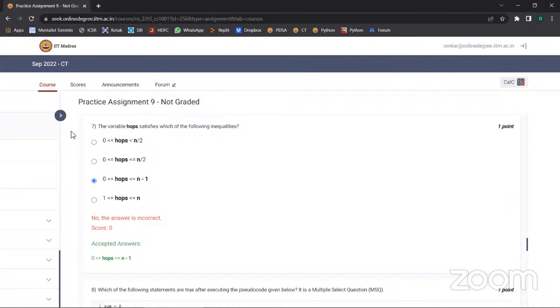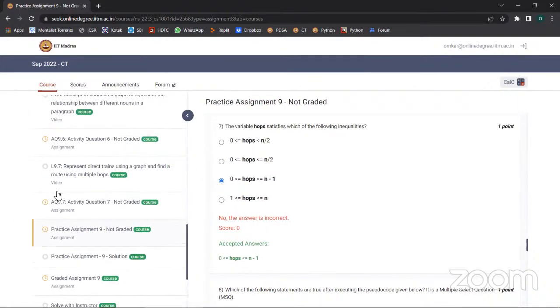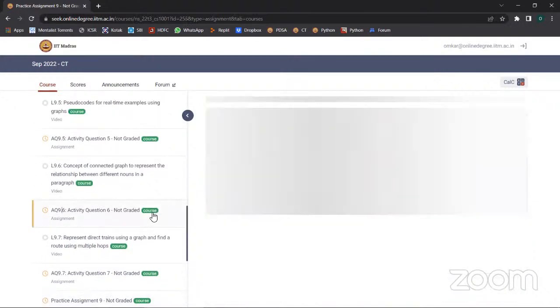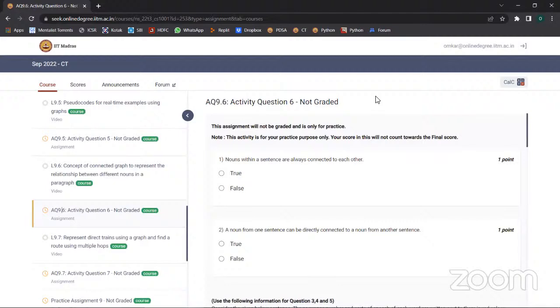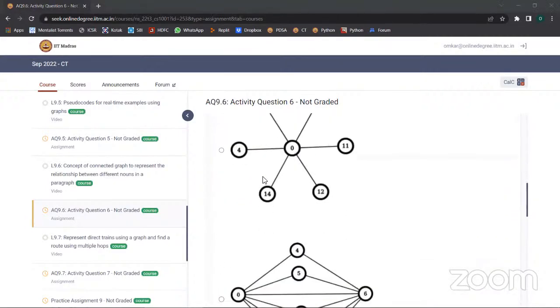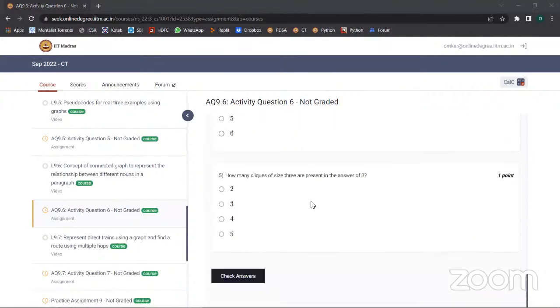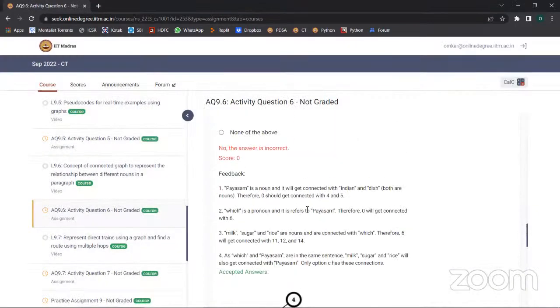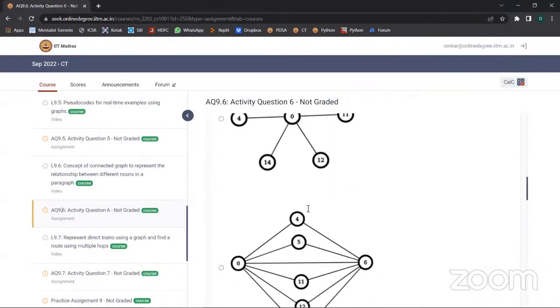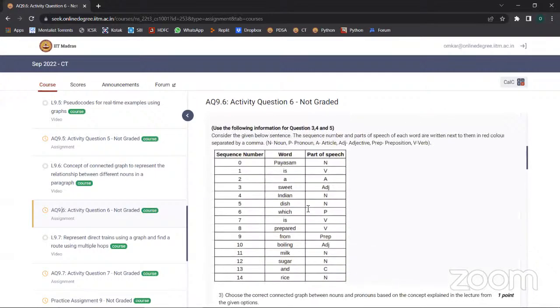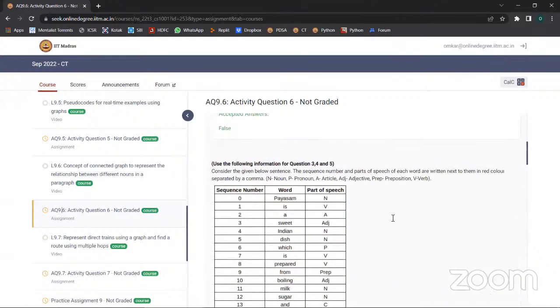9.6 activity question. 9.6. Okay. Question number 3. How to draw the graph of this data? Can you please show me once? Okay, sure. Question 3: use the following information for questions 3, 4, 5.